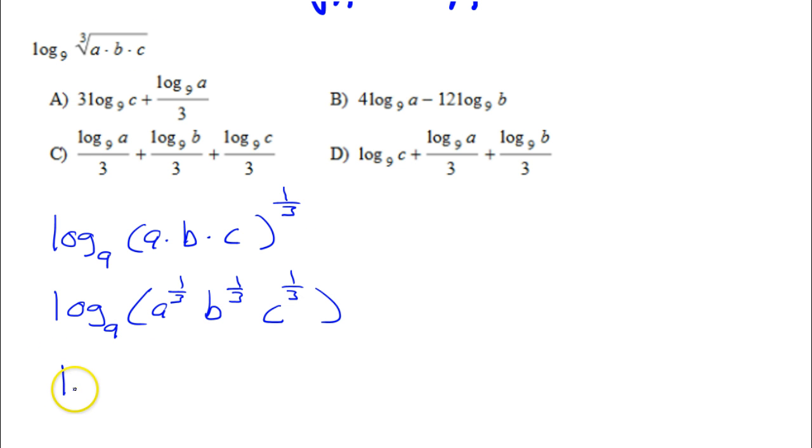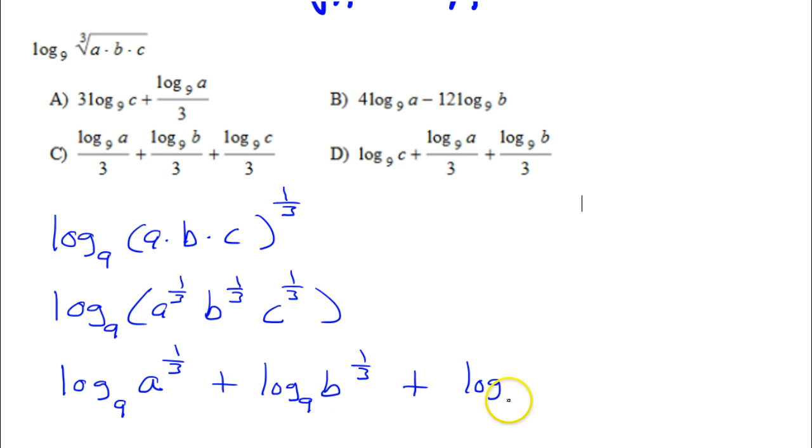So this would be the same thing as log base 9 of a to the 1/3 power plus log base 9 of b to the 1/3 power plus log base 9 of c to the 1/3 power. All right, is that the same as any of these yet? No, it's looking sort of similar to c. I see the ABC happening, the three terms, but not quite.